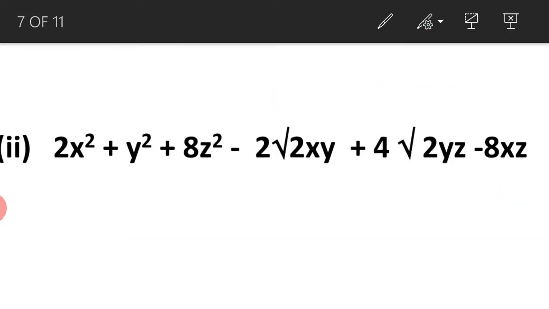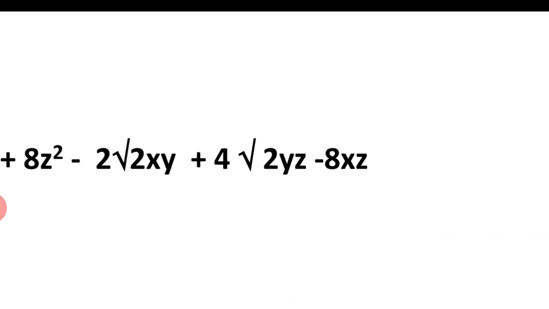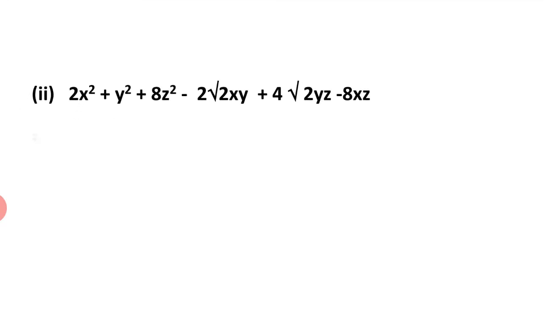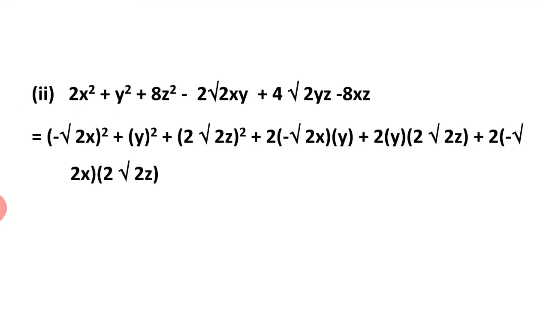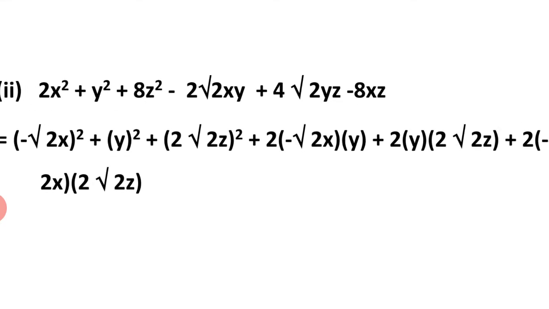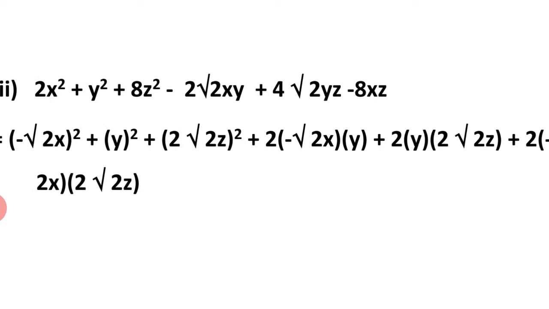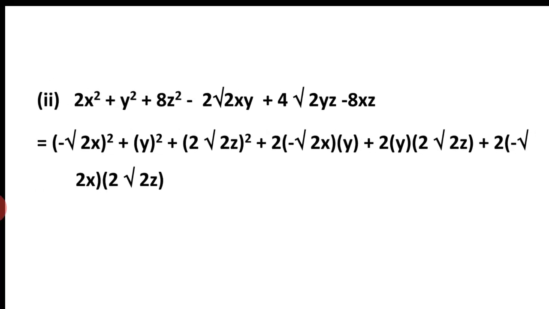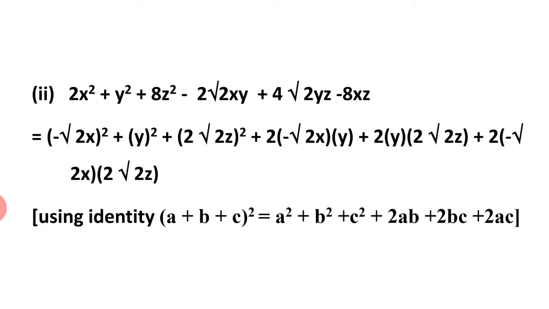So we have done actually the rough work and now we are going to the final answer. So it is written (minus root 2 x) whole square plus y square plus (2 root 2 z) square, and then the products are checked. So this is ensuring that we can use the identity, and a is equal to minus root 2 x, b is equal to y and c is equal to 2 root 2 z.